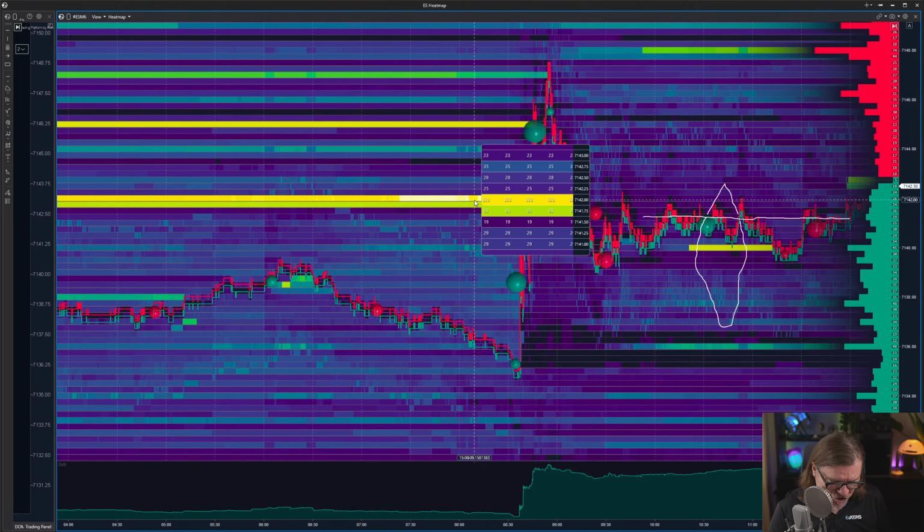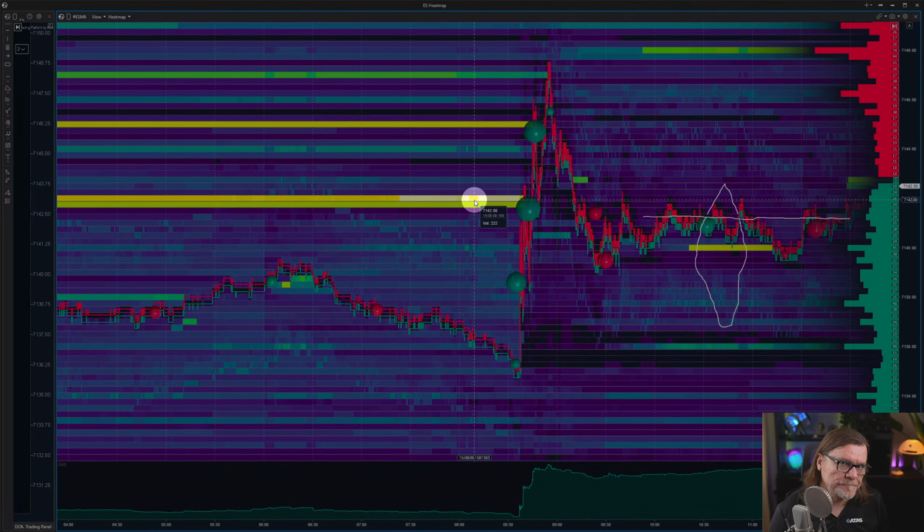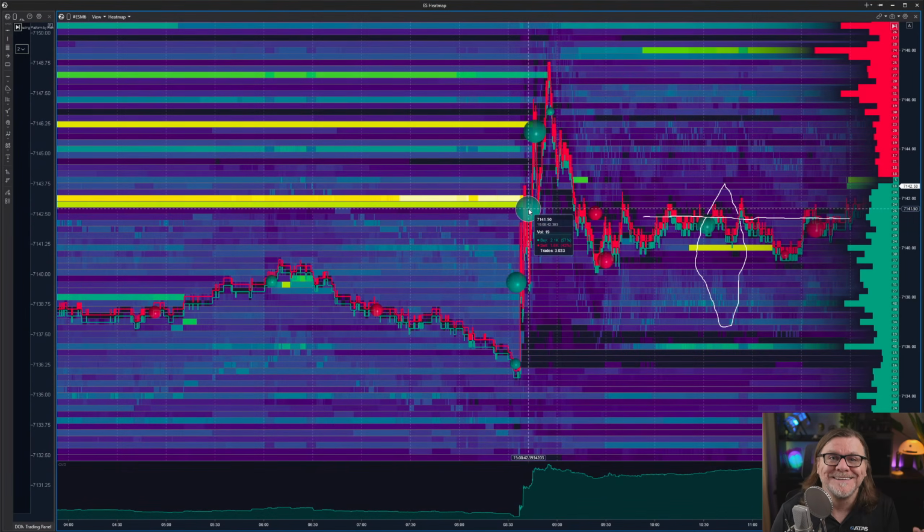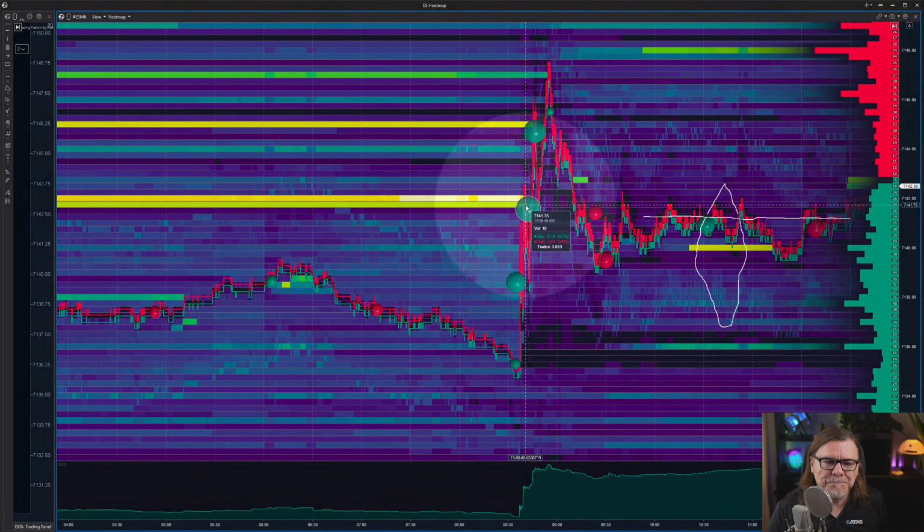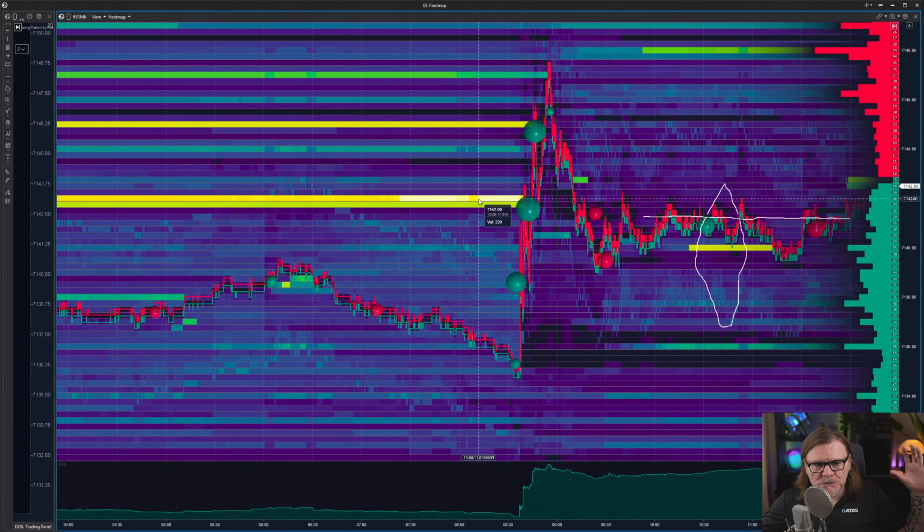So the sharks were going to sell here. Sharks sell, but whales absorb. That is the difference between those two fishes. Whales absorb, sharks sell.